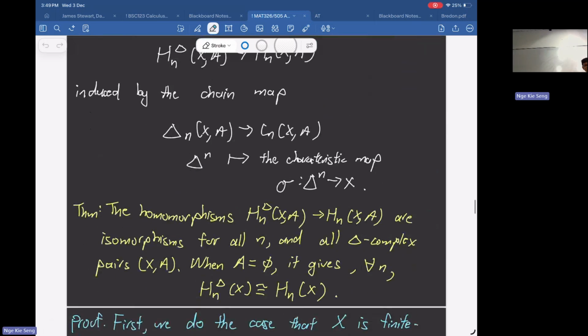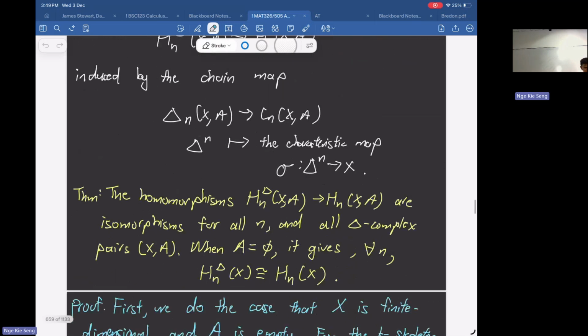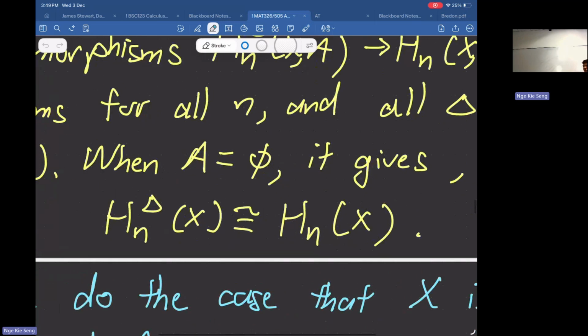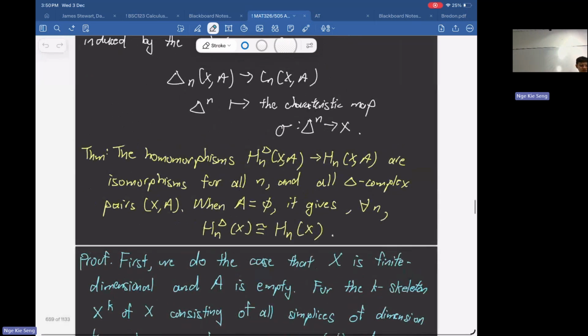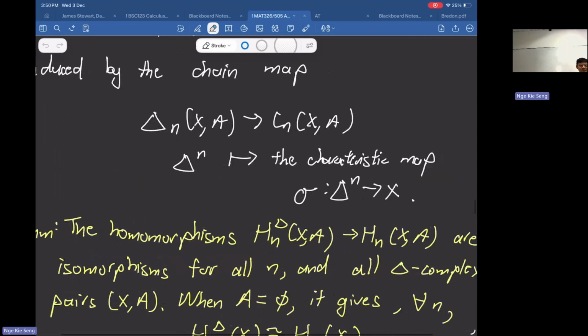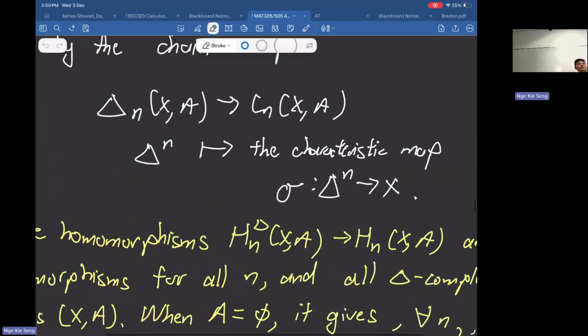And why it is an isomorphism uses everything we have taught before. So what's this map here? Given a delta simplex, you need to give a singular simplex. What is it? Very easy. It is the characteristic map.